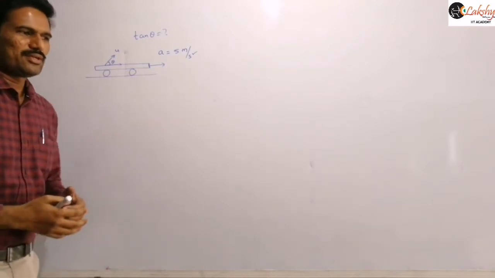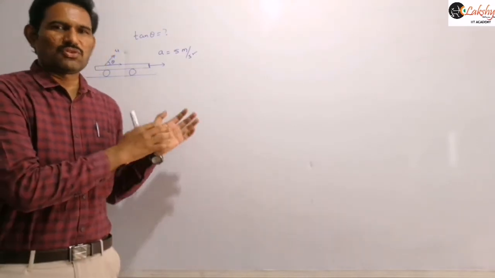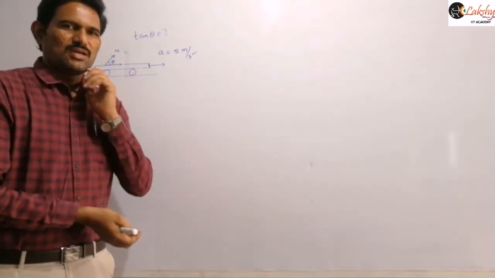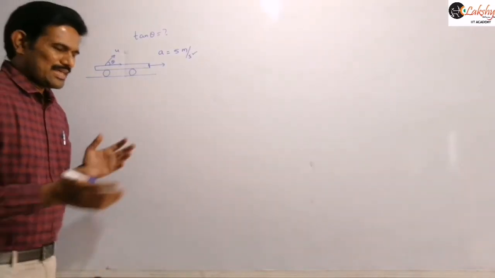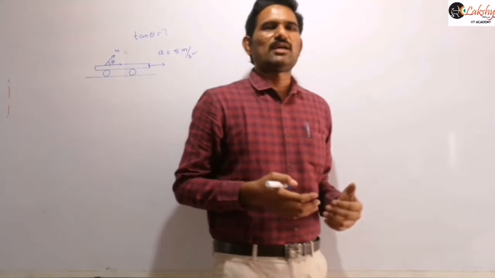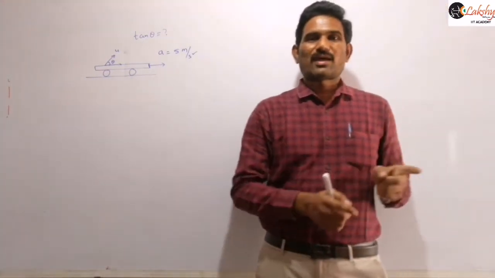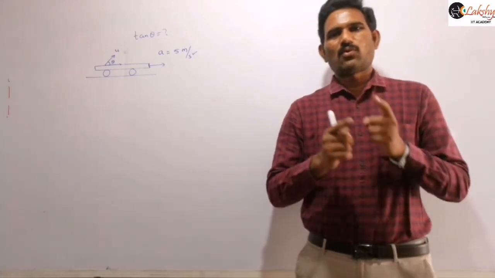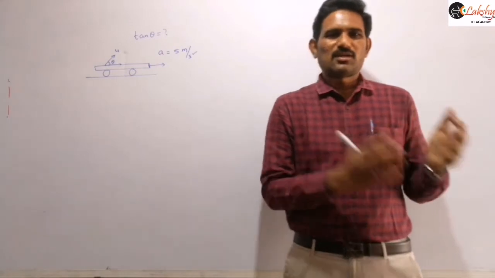So the given data is that the object reaches the initial point, even though the truck is traveling with some acceleration. As I said previously, in the case of the vertical direction, like in the case of a lift, whenever acceleration is there, consider the problem with respect to that platform or that lift, because then you can solve it easily.